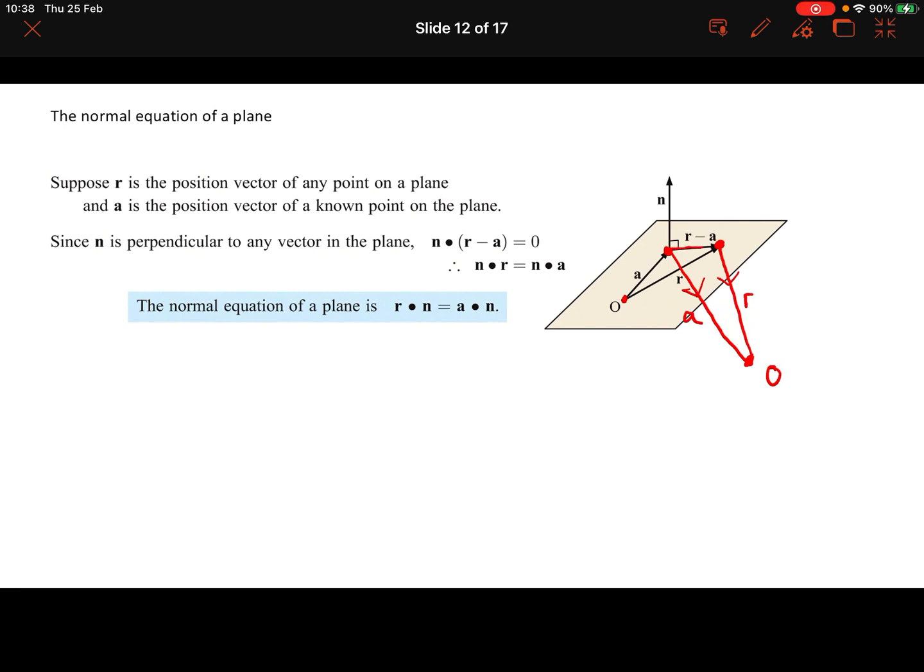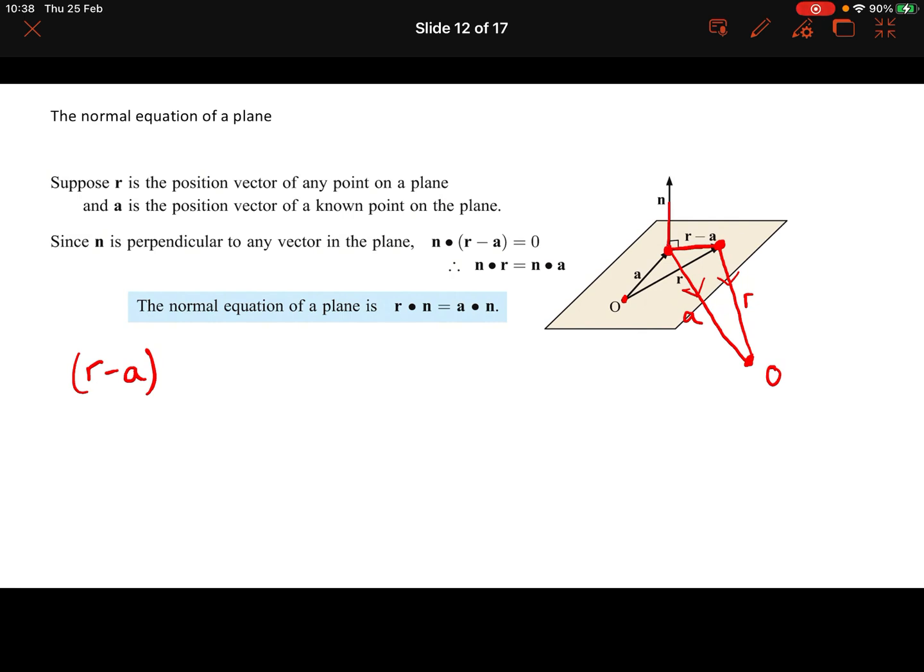So this vector here, R minus A, is how I get from a point I know to any point on the plane. R minus A, where A is a point I know, to get to any point R that I want to know.